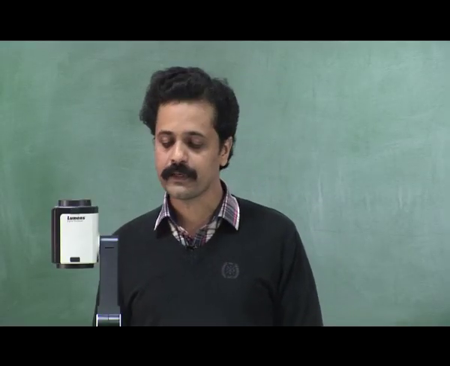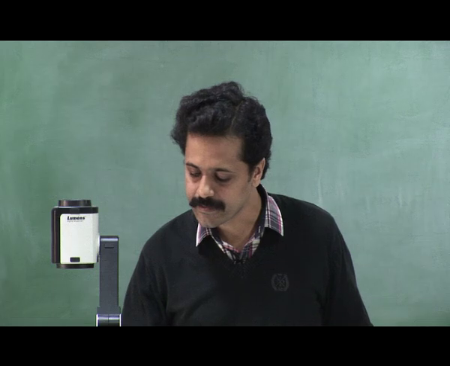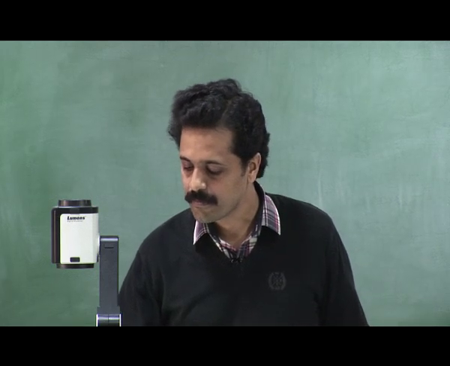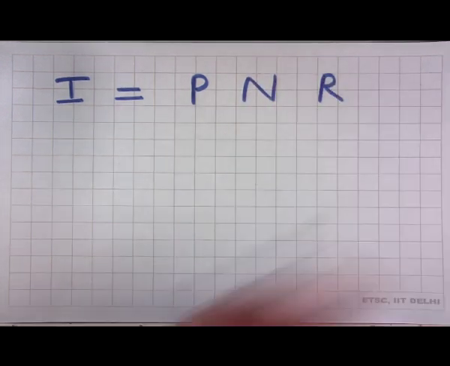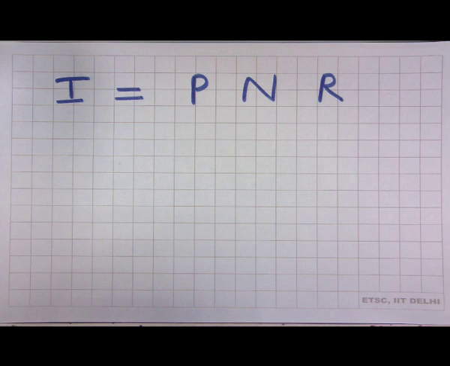In case of simple interest, the formula is PNR, where P stands for the principal, N stands for the number of years, and R stands for rate of interest per annum.